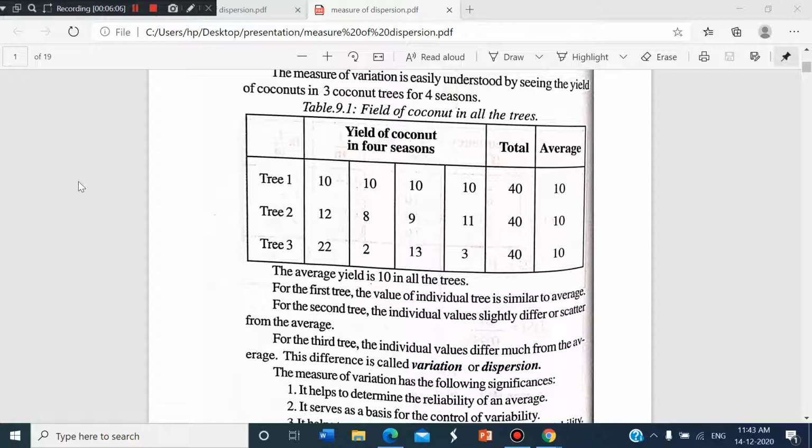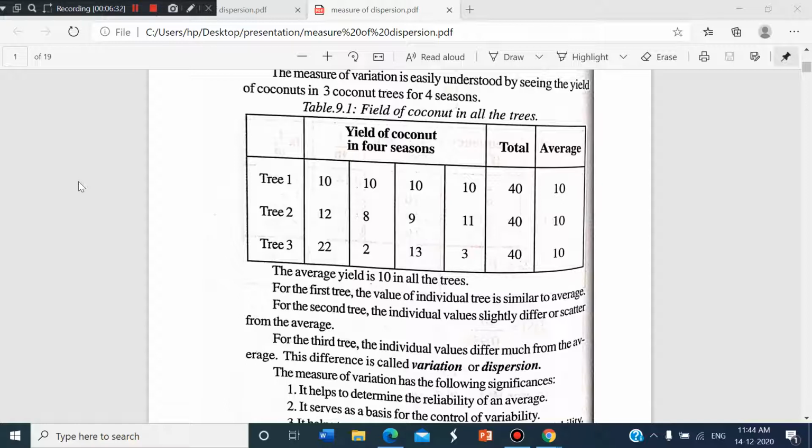In the second it got 8, 2 less than the average. In the third it got 9, 1 less than the average. And in the fourth, 11, 1 more than the average. Here, though the average is 10, the individual values differ or scatter from the average.